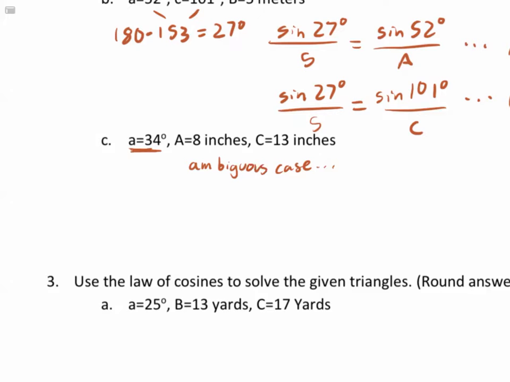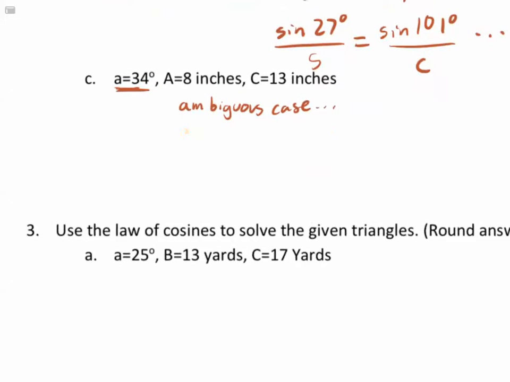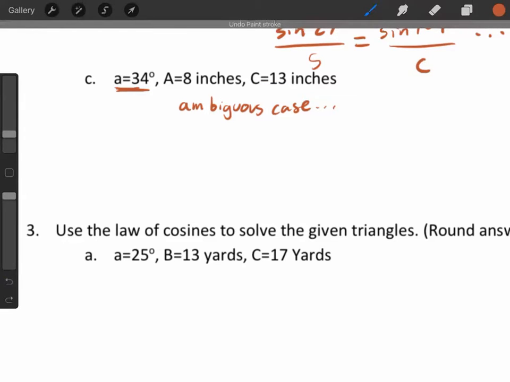So we know that when we set this equal to sine c over c, we're going to get two possible answers. So we might have to use some other methods to figure out how to solve that.